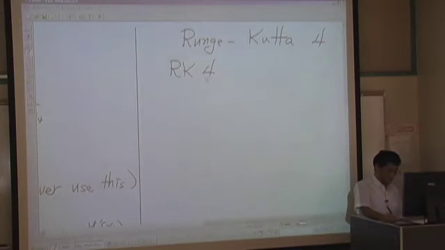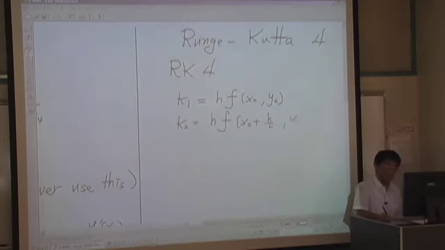K1 equals h times f of x0, y0, and then K2 equals h multiplied by f of x0 plus h over 2, and y0 plus K1 over 2.